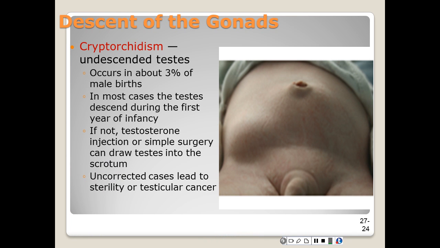But if they do not, they'll get a testosterone injection or surgery to help correct it. If this condition is uncorrected, it will lead to sterility and sometimes testicular cancer.